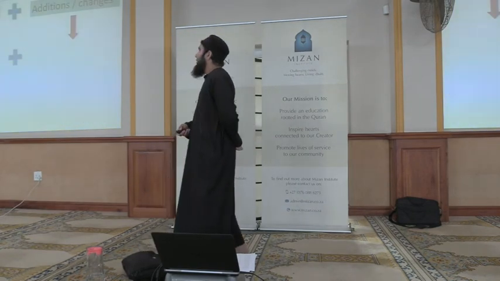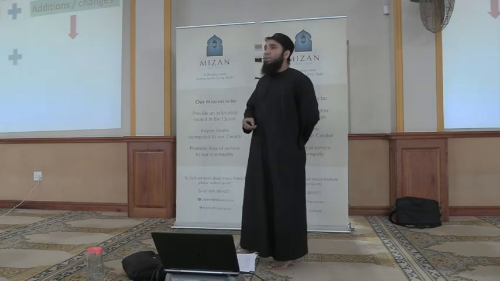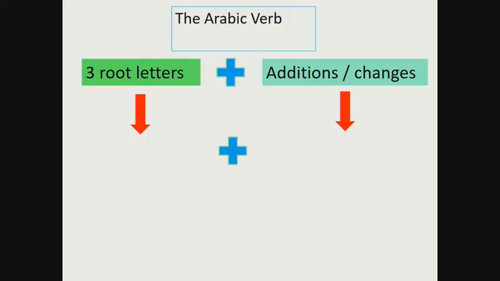Something about the verb: we start off normally with 3 letters. We call them 3 root letters. I'll explain what root letters are next week, inshallah, and why we call them root letters. Those 3 root letters tell me the action that we're speaking about, what is being done.